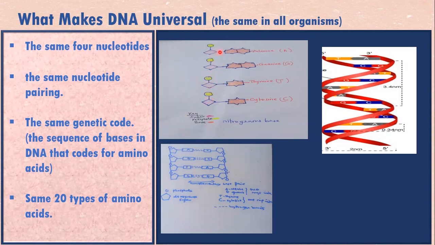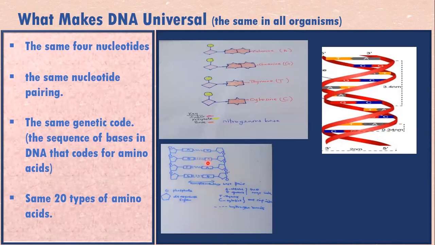The same 4 nucleotides: adenine, guanine, thymine, cytosine. And it's the same nucleotide pairing. Adenine always pairs with thymine, guanine always pairs with cytosine in all organisms.